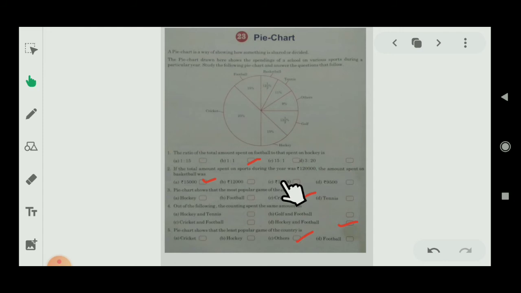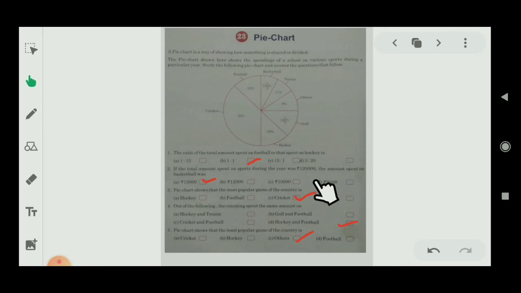Basketball's value is 12 and 1 upon 2 percent, according to the pie chart, and the total amount spent in the whole year is 1,20,000. How can we find the amount spent on basketball? Basketball's value is 12 and 1 upon 2 percent of 1,20,000.